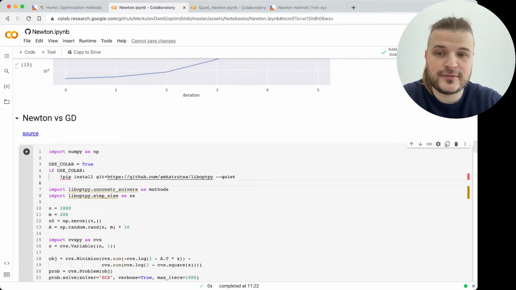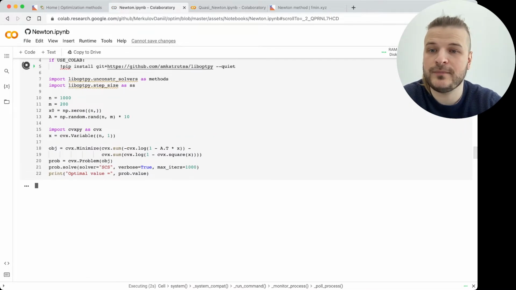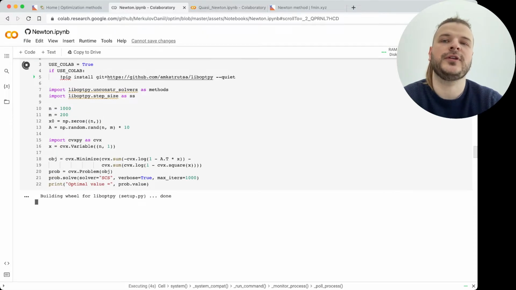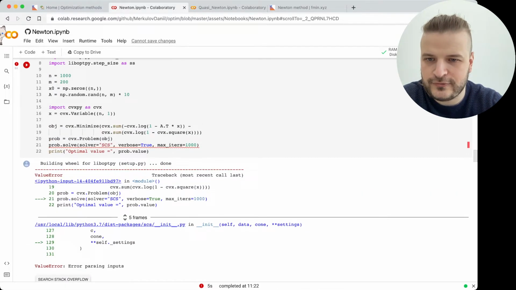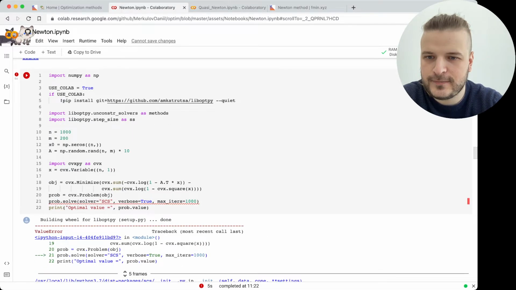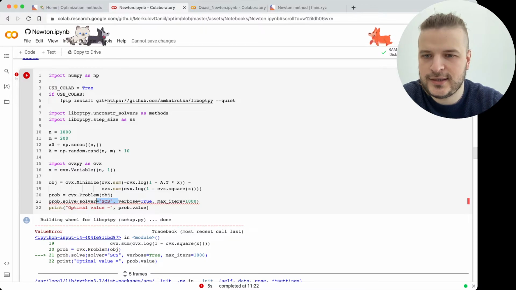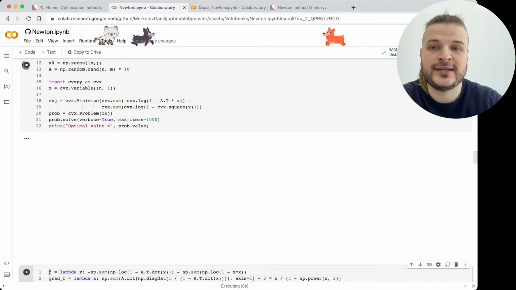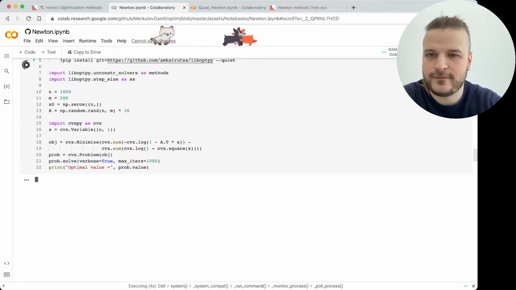Let's compare these methods for the problem of what is called the analytical center of the set, and we'll describe it in more detail in the seminar. Again, let's run it here.